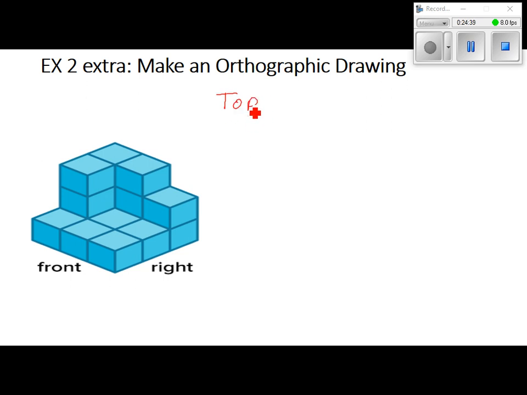If I'm looking straight down at it, I see 1, 2, 3 blocks, 1, 2, 3 blocks, 1, 2, 3 blocks. So I see this. If you're just looking straight down at it, there's going to be some breaks there, and we'll talk about the breaks in a minute.